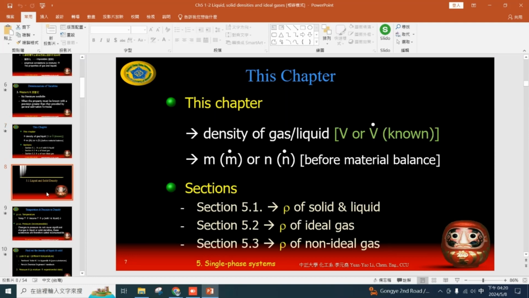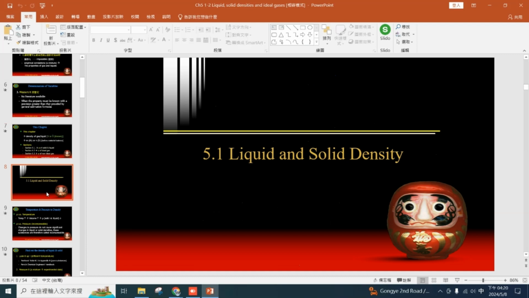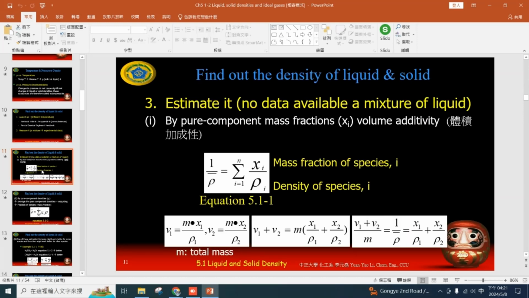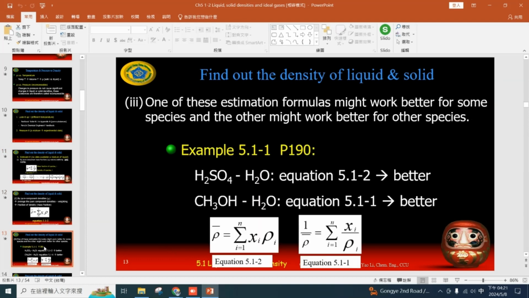So first of all, on Monday we talked about the densities of liquid and solid, and we understand that for solid and liquid, it doesn't change too much, because the mass doesn't change in liquid or solid. But the volume changes because of temperature, or because they mix together.